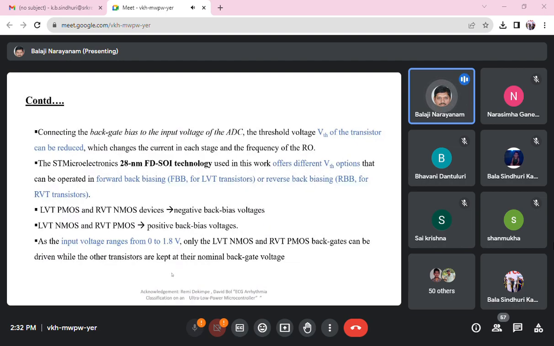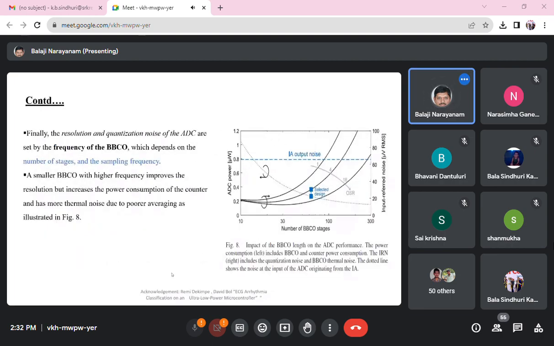LVT PMOS and RVT NMOS devices will result in negative back bias voltages, whereas LVT NMOS and RVT PMOS will have a positive back bias voltage. The input voltage range is 0 to 1.8 volts only, and only the LVT NMOS and the RVT PMOS back gates can be driven, while the other transistors are kept at their nominal back gate voltage. So this is what we can observe.